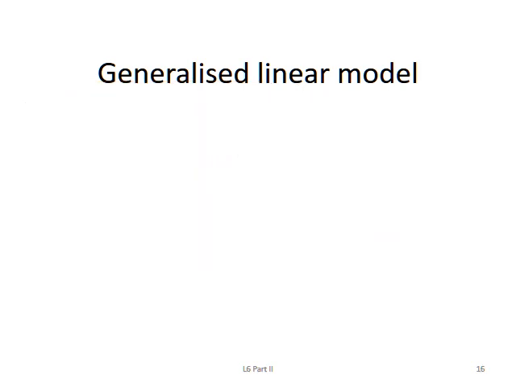Furthermore, it's also important to note that the observations are independent. The response variable observation y1 is independent from the response observation y2 all the way to yn, the nth observation. All these observations on the response variable are independent.